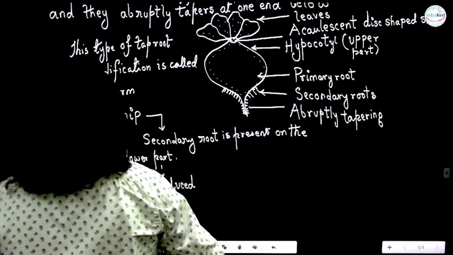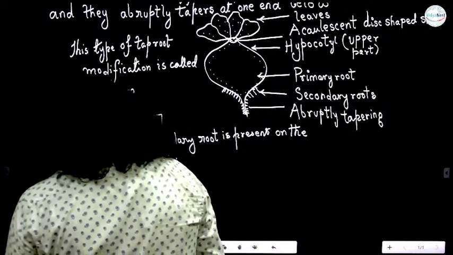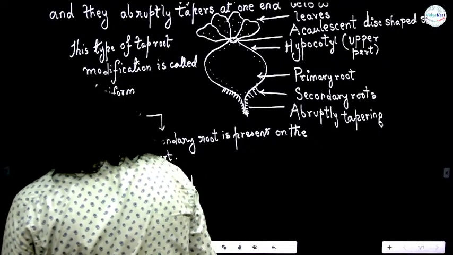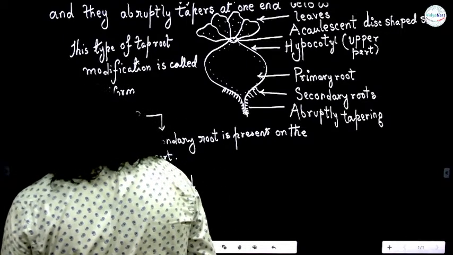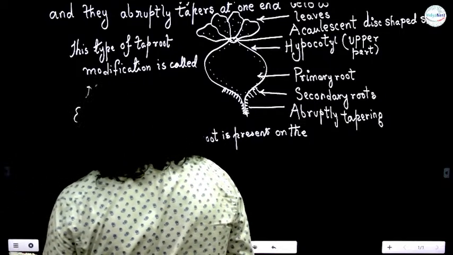Yes, sir. Clear. Okay. So now after this, these secondary roots mainly serve the purpose of storage. So it is not part of the primary root or the tap root.